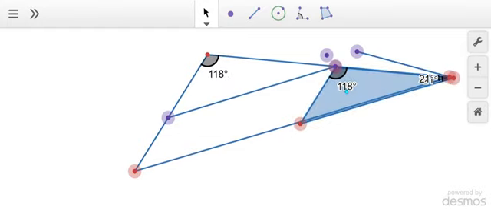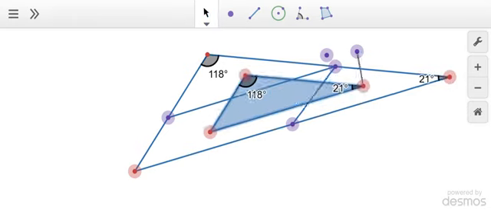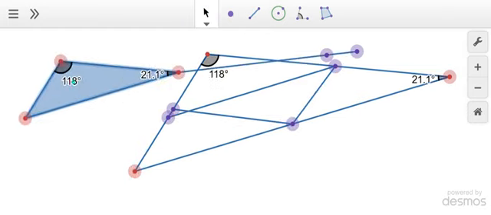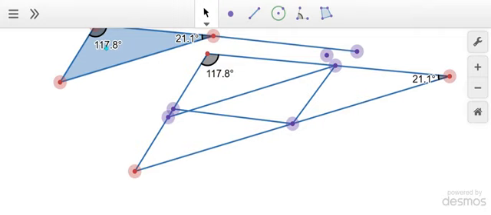Then I put this in here. Here's another triangle. I'm going to put this here. Here's another triangle. Okay, that's weird. So how many is it?